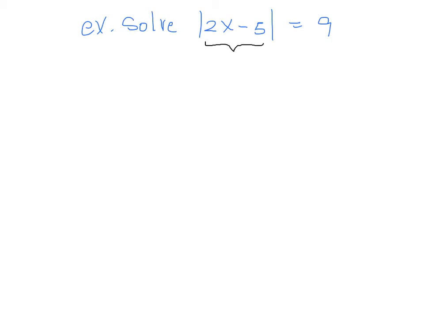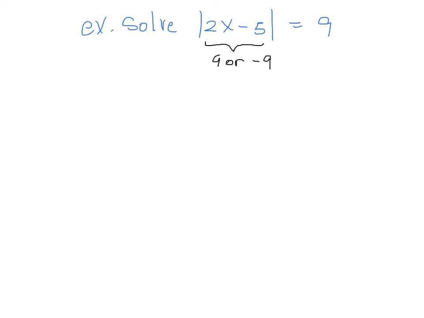So whatever is in there has a distance of 9 from 0, which means it could either be 9 or negative 9. Whatever's inside those absolute value signs could either be positive 9 or negative 9, because both of those have a distance of 9 from 0.